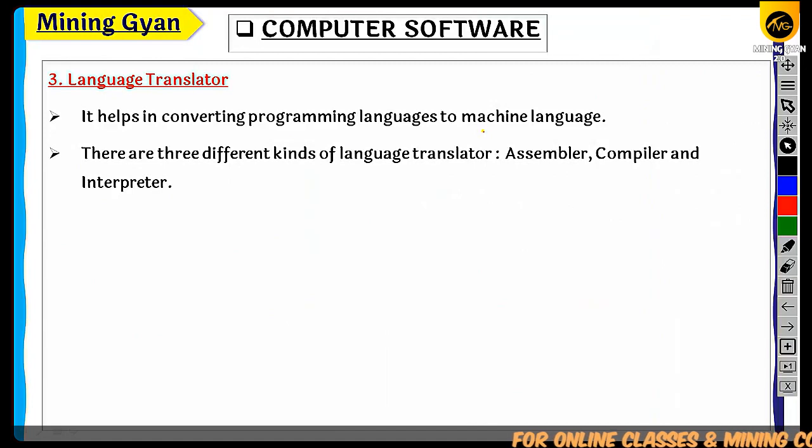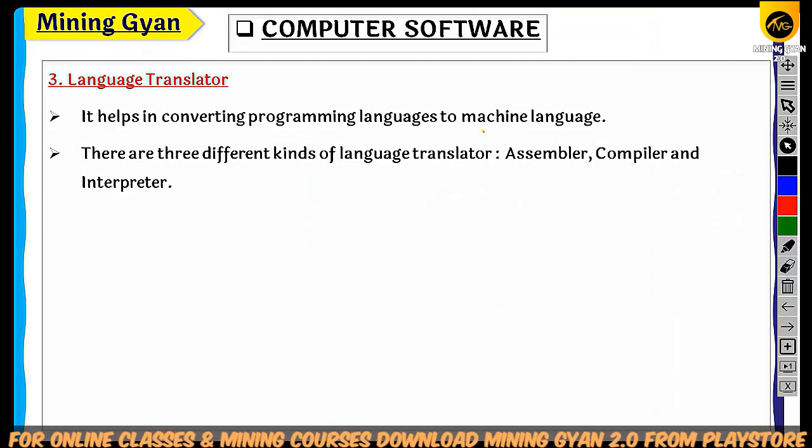Now all the programs are written in high level programming languages. So there is a need for a language translator which can translate from high level language into the machine language that can be understood by the machines or CPU. Okay, so these are called the language translators.